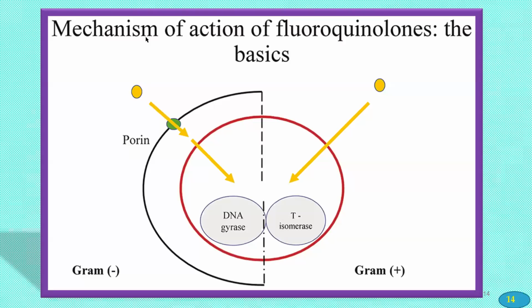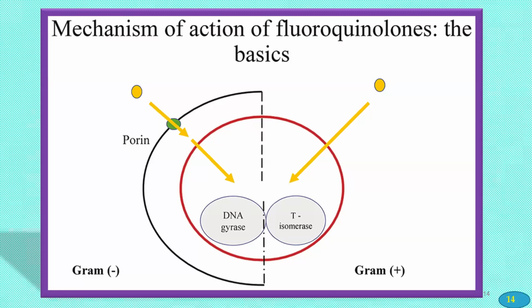This is the diagrammatic representation of how it is going to act, especially the fluorinated quinolones. Here there are varieties of water-filled channels, and with passive diffusion, the drug enters the bacterial cell, especially in gram-negative bacteria through the porins, whereas in gram-positive bacteria through the cell wall.